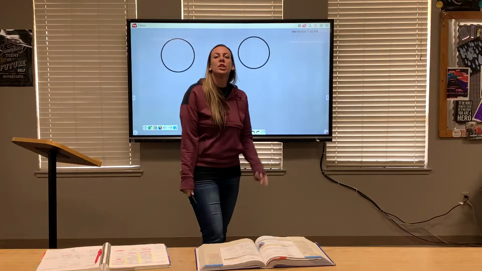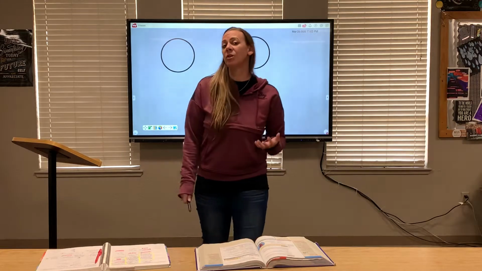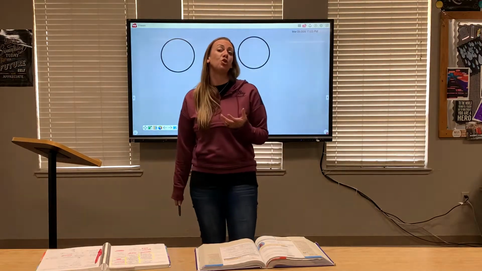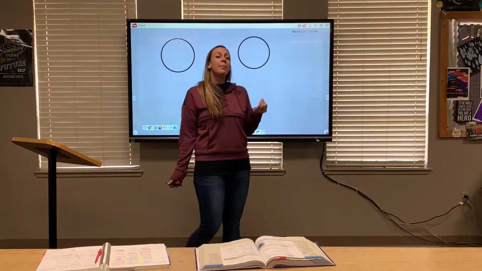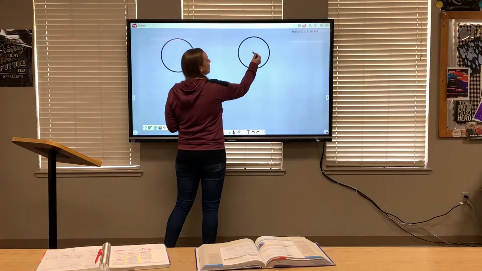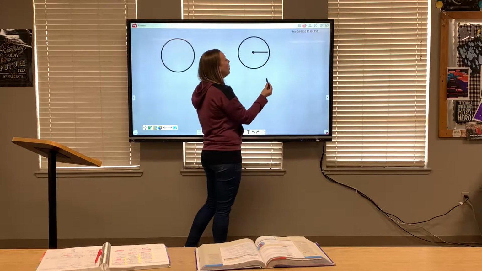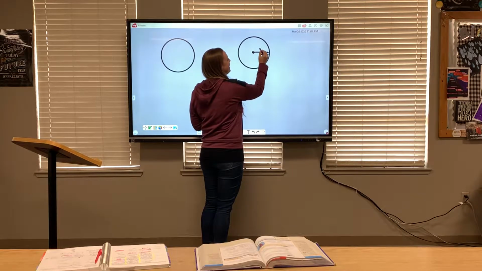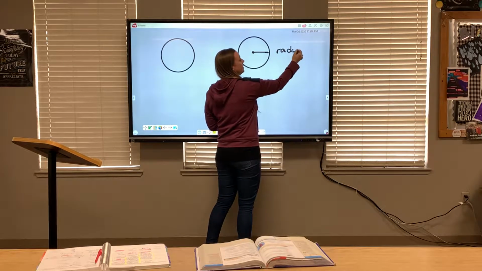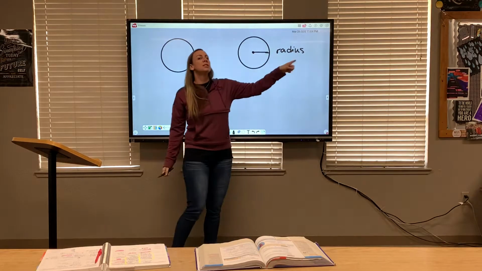So what we're going to do is the next two lessons. We kind of started on chapter 17, which was talking about circles. If you remember, the radius is from the center of a circle to the edge.